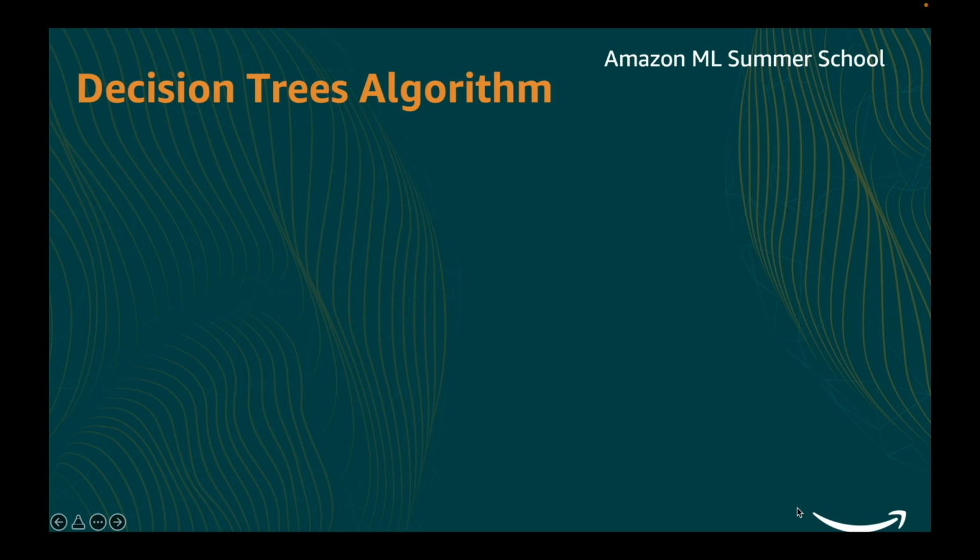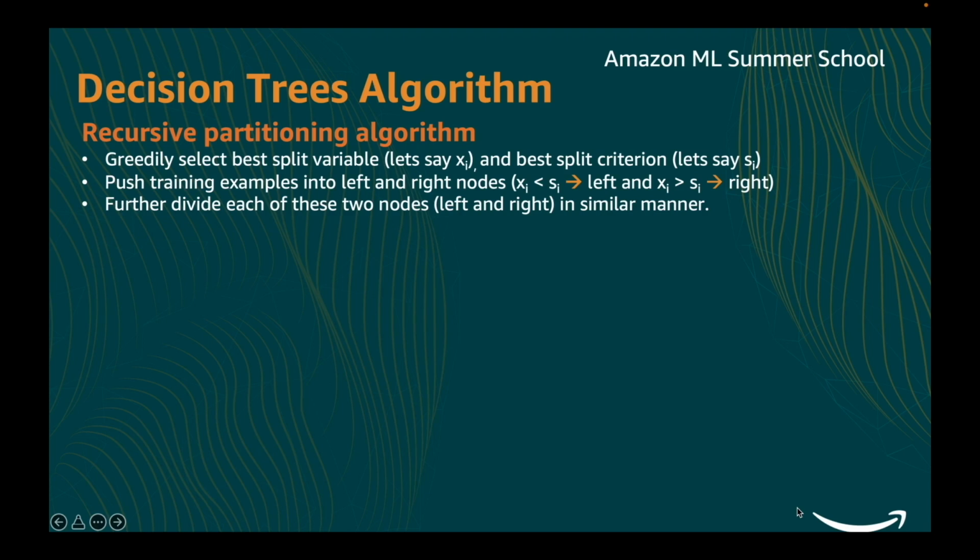So now that we have an idea of what a decision tree does and how it actually divides the space into multiple regions, let's talk about how you actually go about building such a decision tree from the raw data points. The algorithm you follow is a recursive partitioning algorithm. Essentially what that means is that at every point you do the same thing.